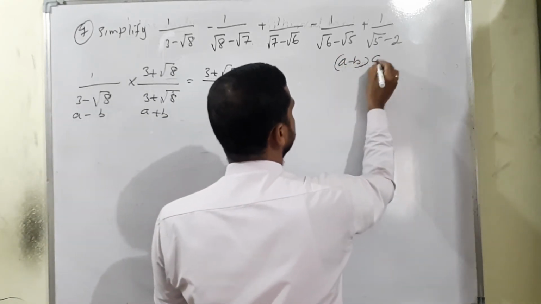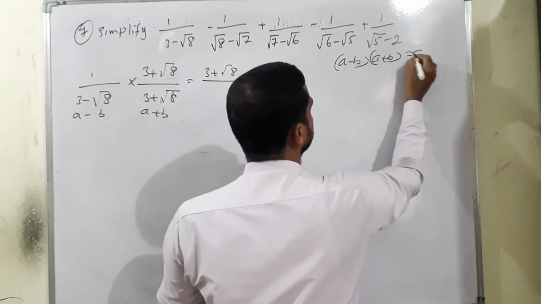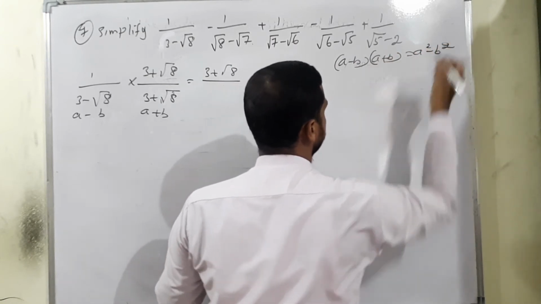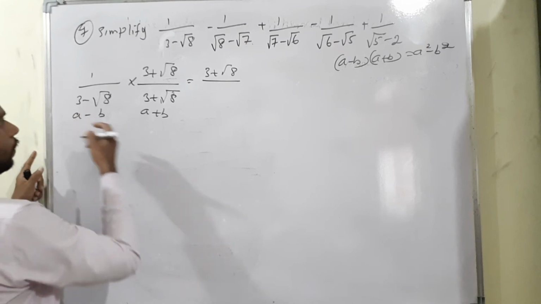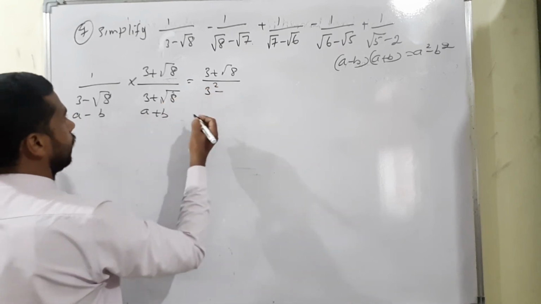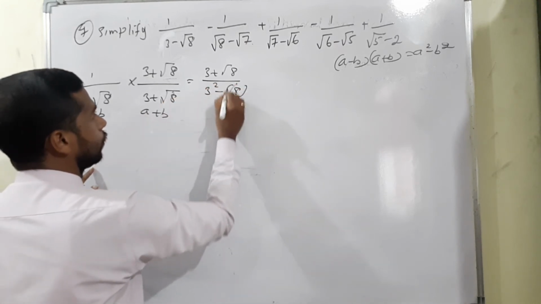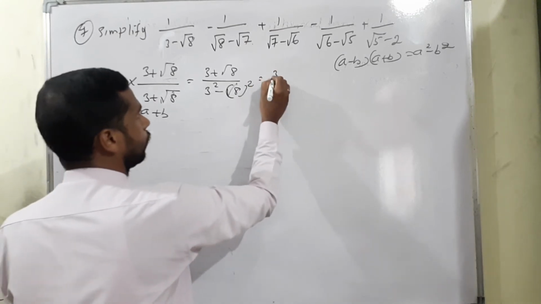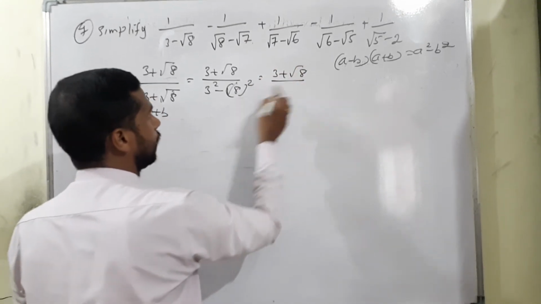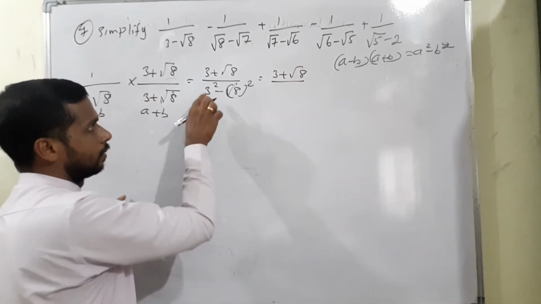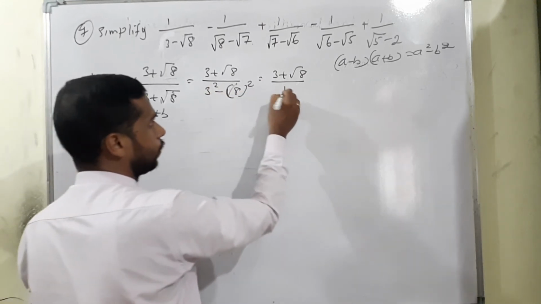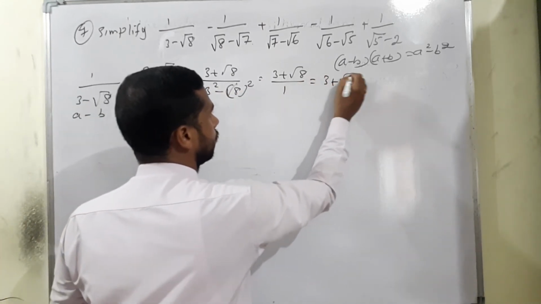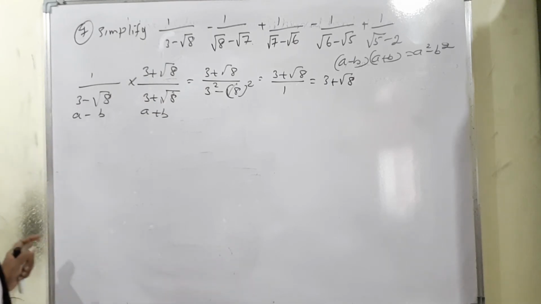A minus b into a plus b means a square minus b square. Therefore, 3 square minus root 8 the whole square. Root 8 the whole square means 8, 3 square means 9, and 9 minus 8 is equal to 1.